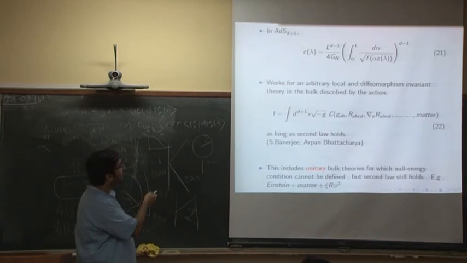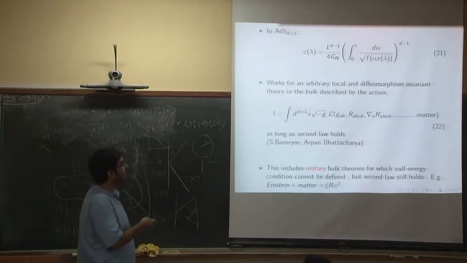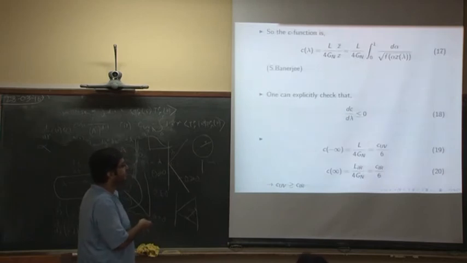Anyway, in higher dimensions, that is the form of the C function which you can construct, and then you can run the same story: differentiate and get everything done. And the point is that, so this was for Einstein gravity coupled to matter fields.